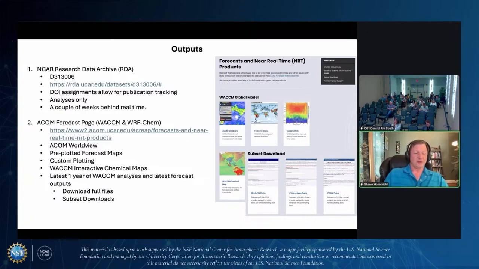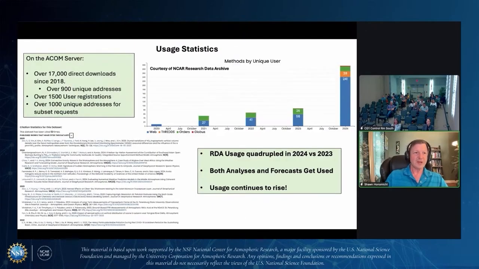We also store the last year's worth of our analyses, including the latest forecast outputs, on our own server. From there, you can download the full file if you want it, or a subset if you would like. And just a few statistics. Since we first implemented it on our server, we've had over 17,000 direct downloads, over 900 unique addresses.